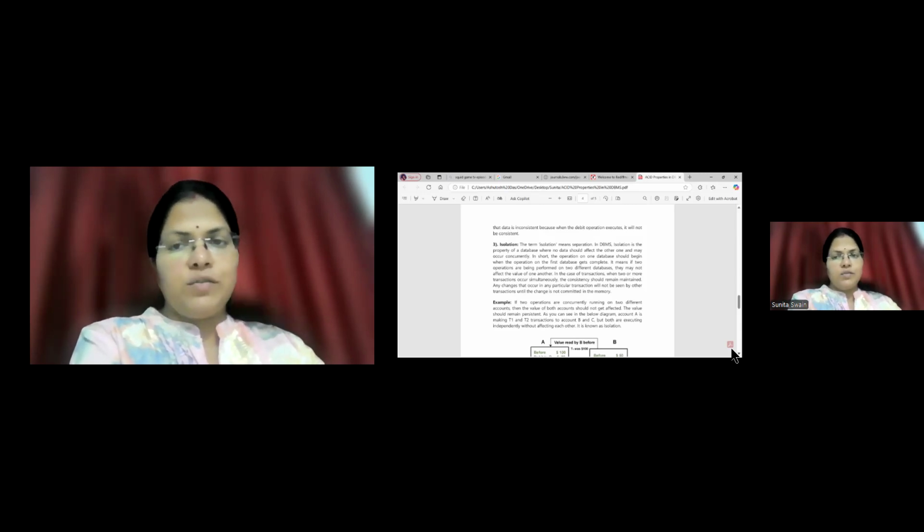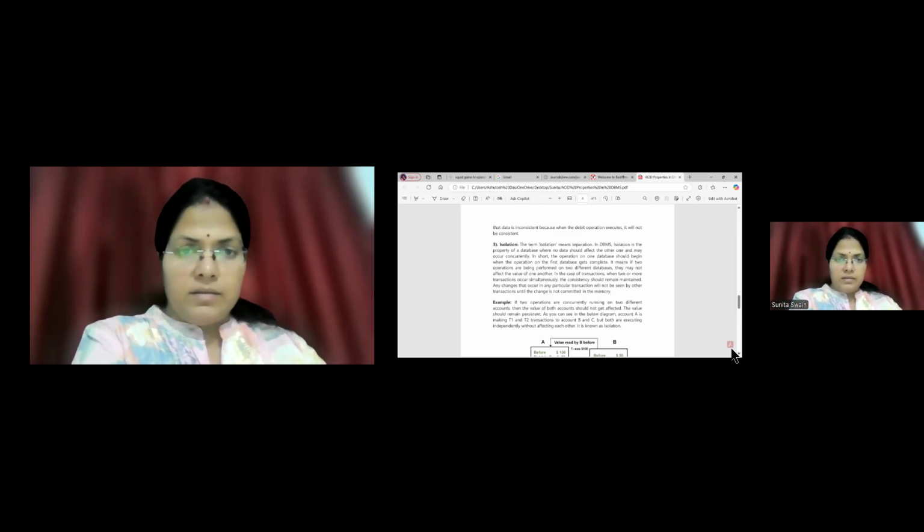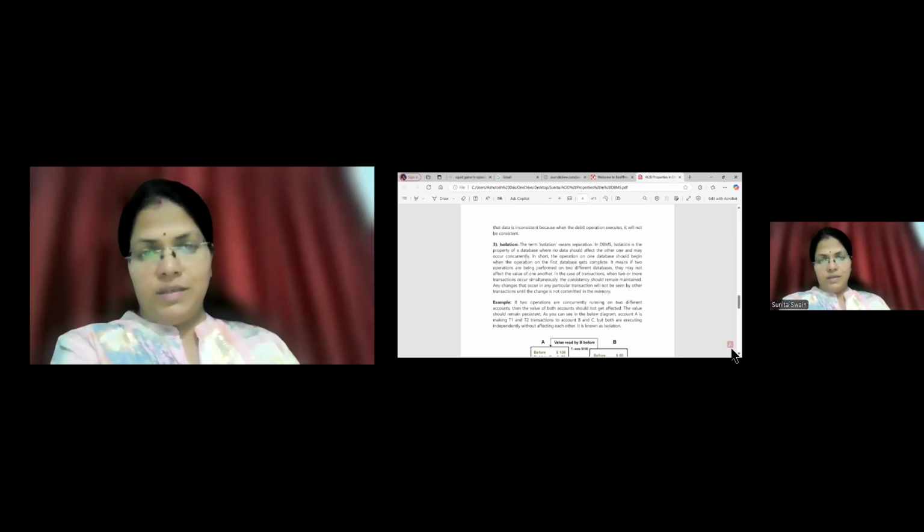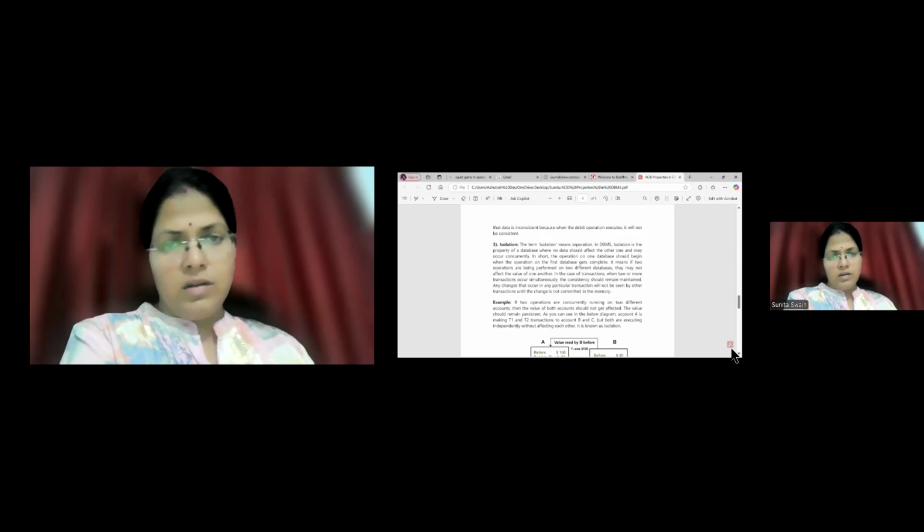Next, come to the isolation, the third property. The term isolation means separation. So in DBMS, isolation is the property of a database where no data should affect the other one, and transactions may occur concurrently. Means the data should be isolated. It should not affect one another.